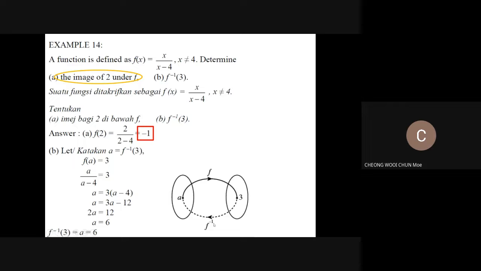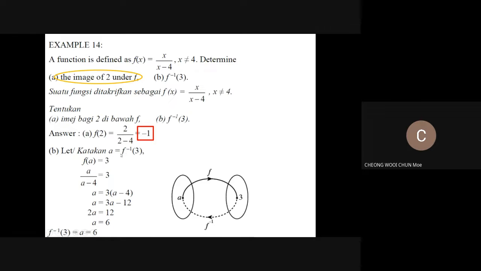So if I want to find the answer for inverse f from 3, the answer is A. Inverse f of 3 equal to A. So we need to find this one.